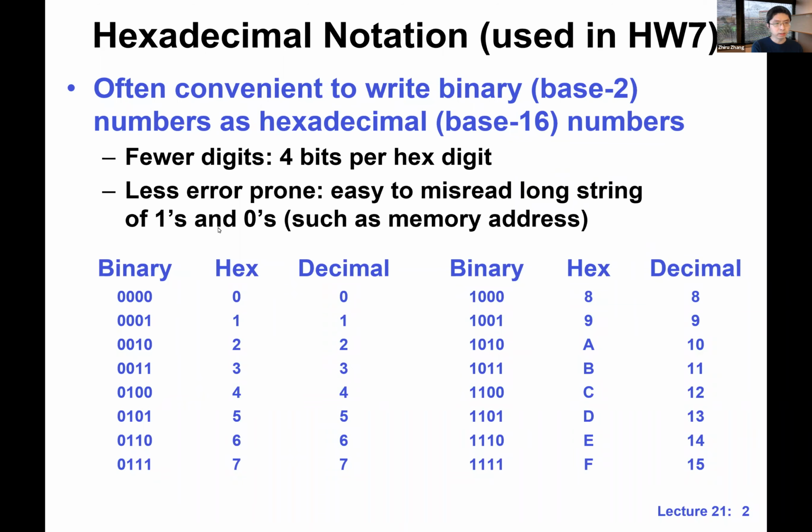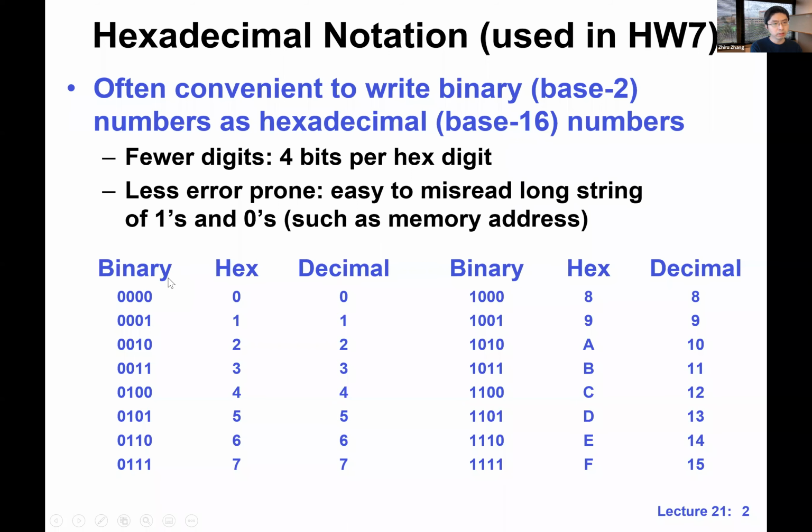Since it is base 16, each hex digit can represent 4 bits, meaning that we can represent 16 numbers. Somehow my highlighter is not showing up on the screen, which is fine. Hopefully you can still see my mouse.